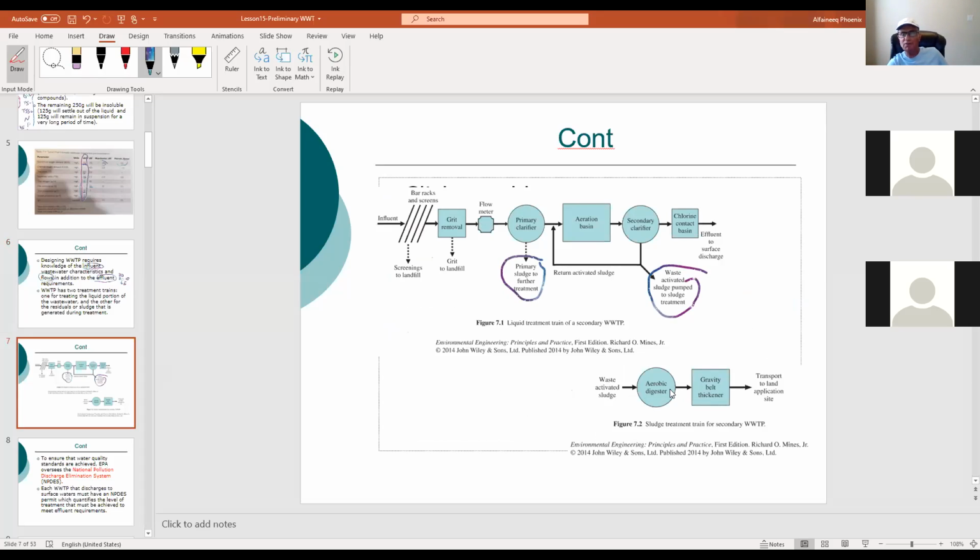Some places use anaerobic bacteria in the digester to produce methane gas, and they use it as energy for the plant. Some don't, and just use an aerobic digester, and from there they take it to some kind of thickener to squeeze out water and make it thick, and then take it to landfill. All right, 2 trains.